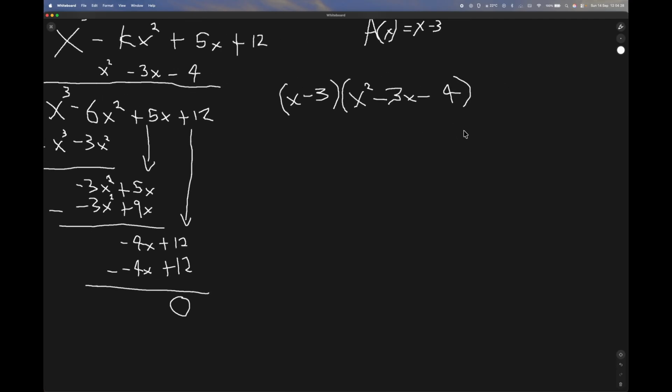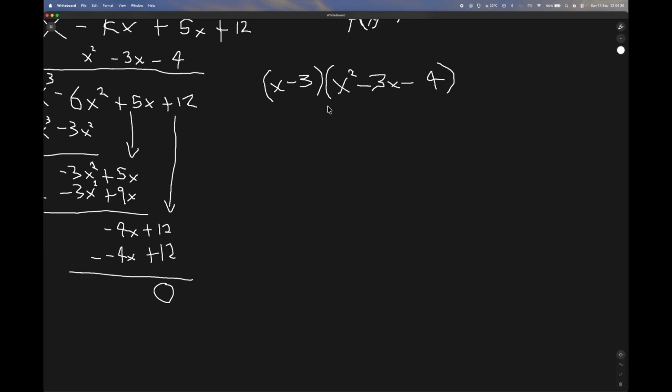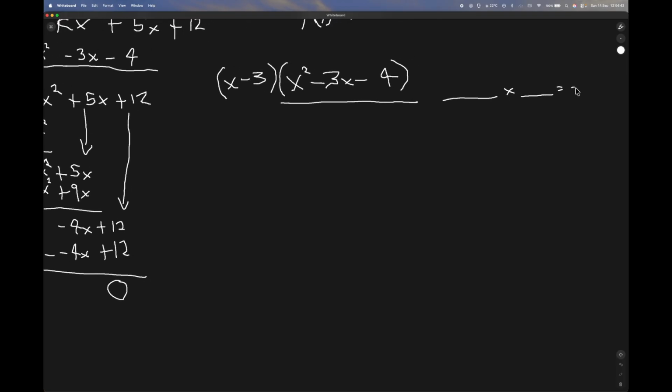So, let's now factorize this here. So what will the factors of that be? So we need two numbers that times together to equal negative 4, and that add together to equal negative 3.